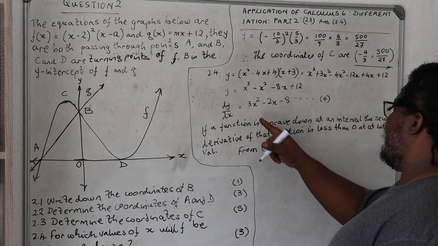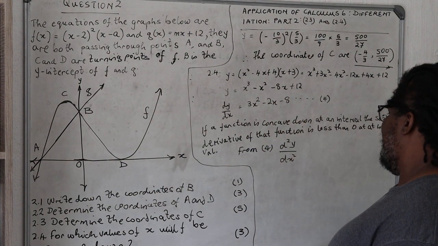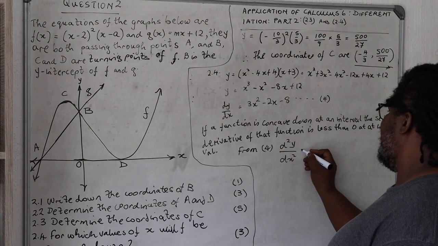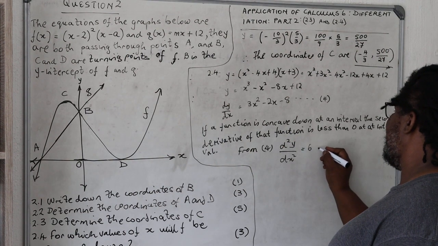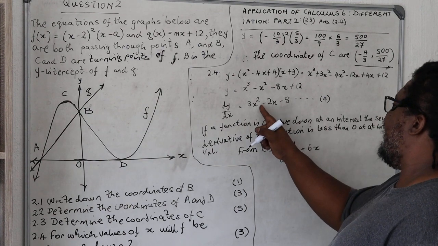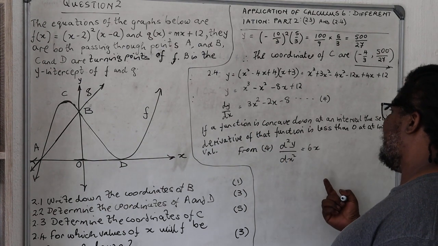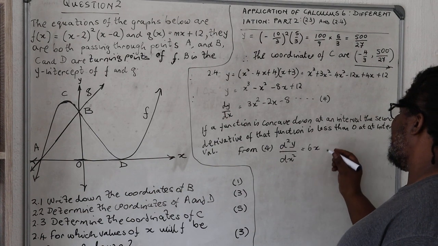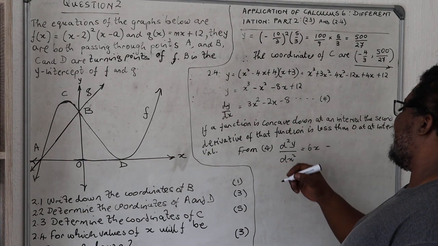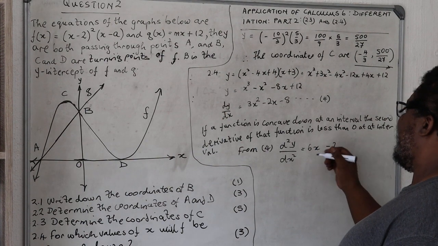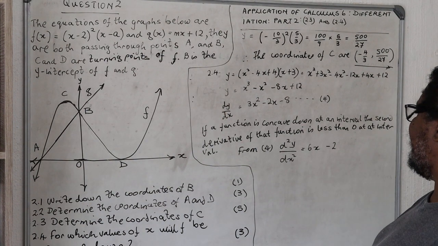So here we now differentiate again. So this gives us 2 times 3, 6, x to the power 2 minus 1 is 1. So this is 6x minus 2. And the differential of a constant is 0.